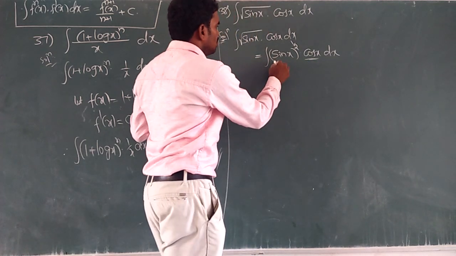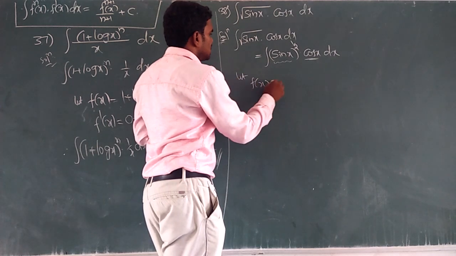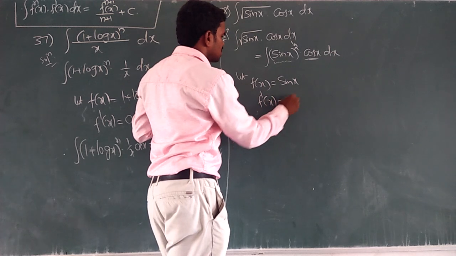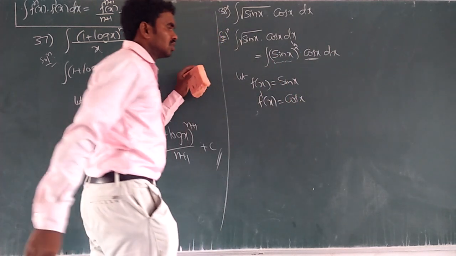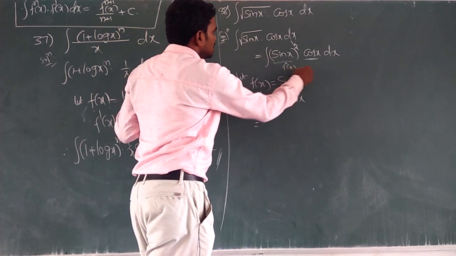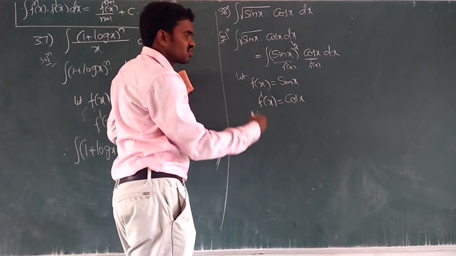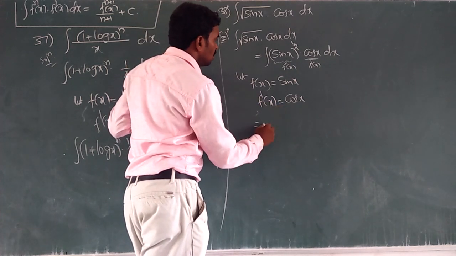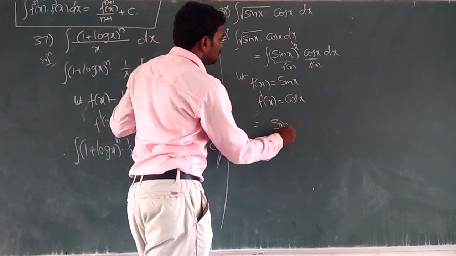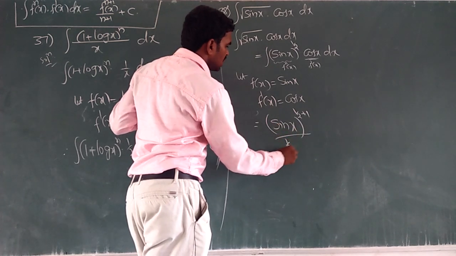So first, let f of x be sin x, and the derivative of this function, f dash, becomes cos x. So this is f power n, and this is f dash of x. The formula will be f power n plus 1 by n plus 1, which is sin power n plus 1 by n plus 1.